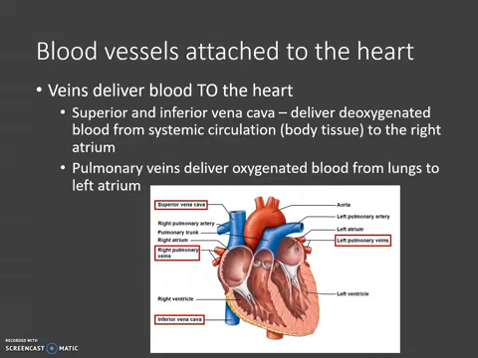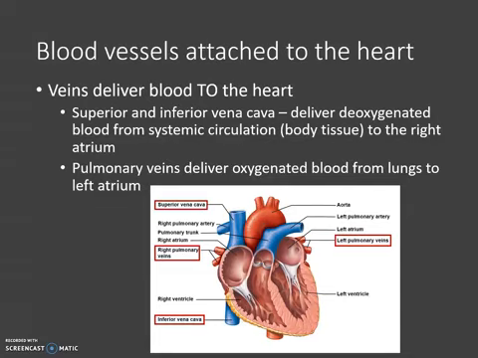It's a common misconception that veins always carry deoxygenated blood and arteries carry oxygenated blood, but that's not always the case. So it's better to think of arteries carry blood away. Artery starts with an A, the word away starts with an A. And so arteries carry blood away from the heart, and veins deliver blood to the heart.